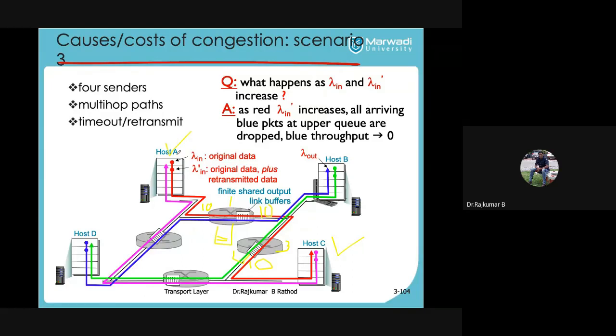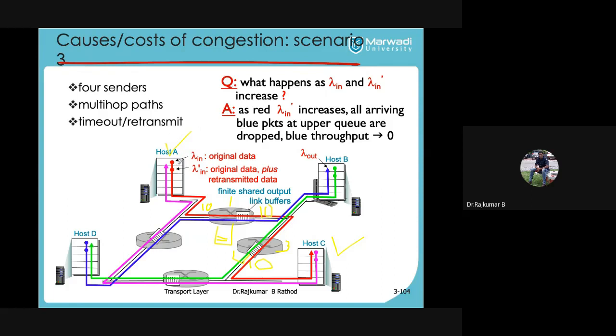Upon receiving the acknowledgement, host A assumes that okay, 2 Mbps data was received successfully. Then host A tries to increase to 3 Mbps or 4 Mbps. Correct? The maximum is 10 Mbps. So it may increase. Suppose host A increases to 2 to the power of 2, let us assume 4 Mbps.